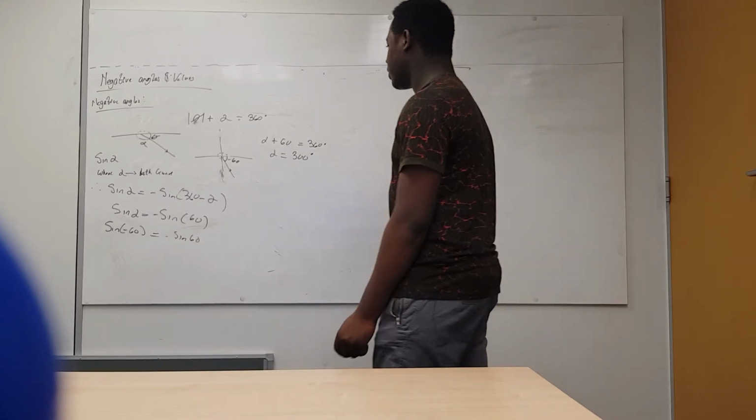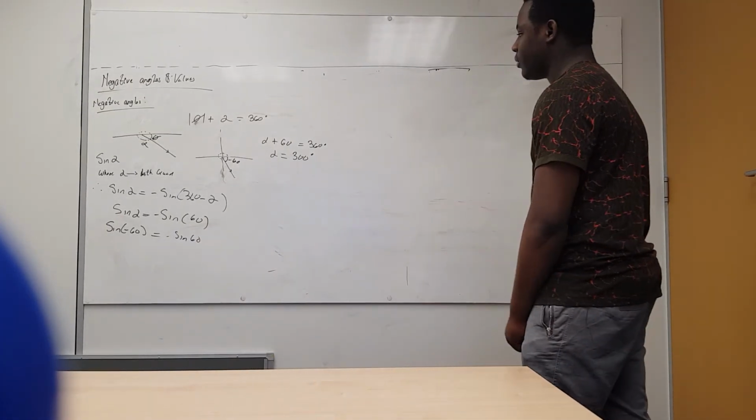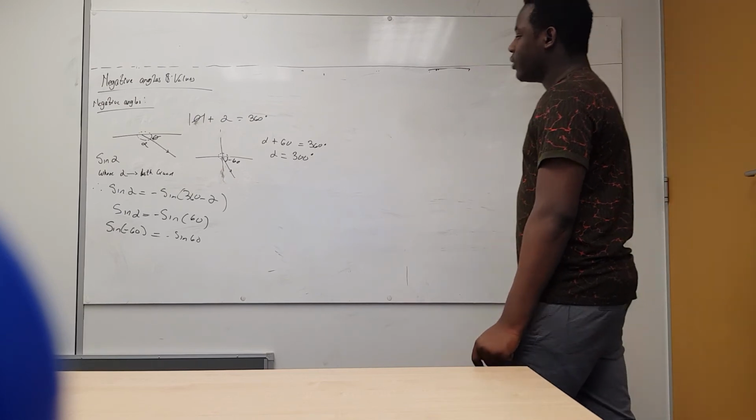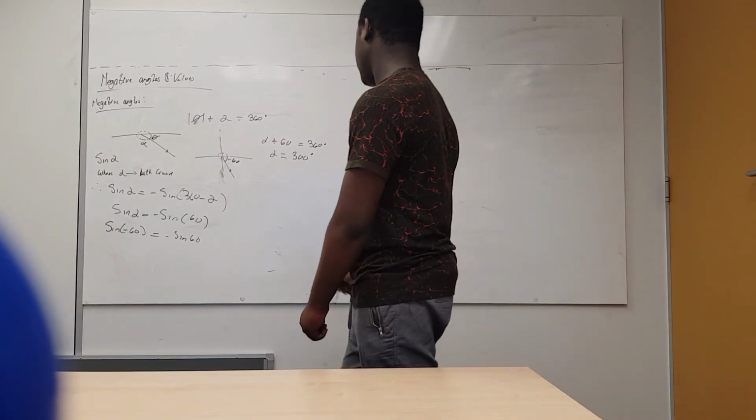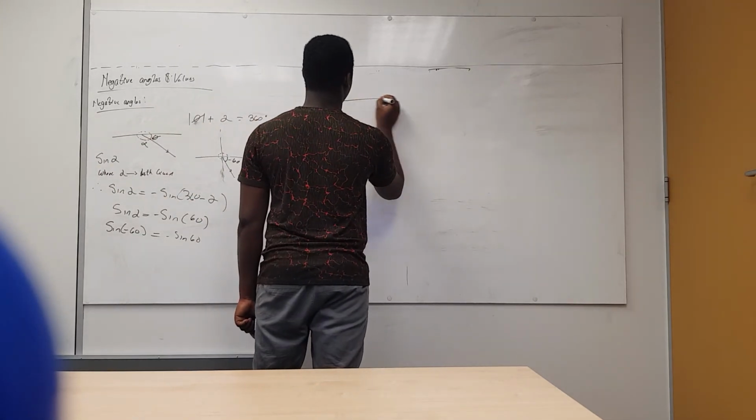So let's say we wanted to do sine of negative 30 or something. Let's say we drew something like this.